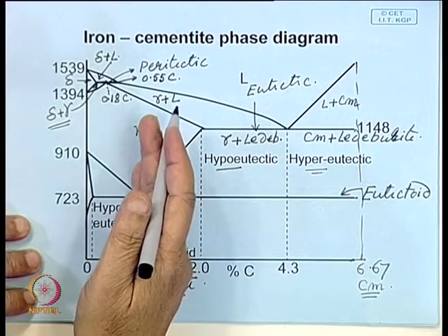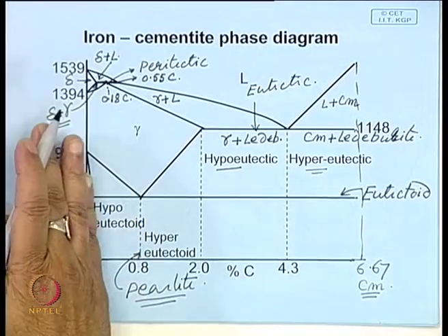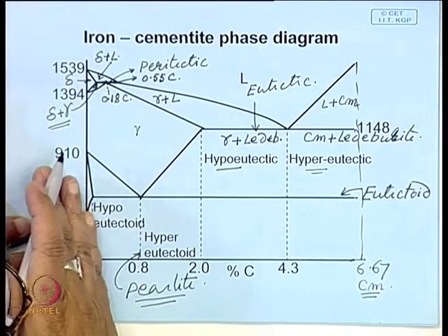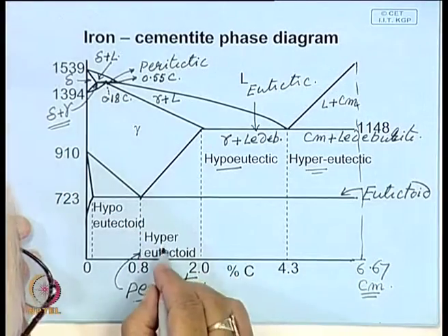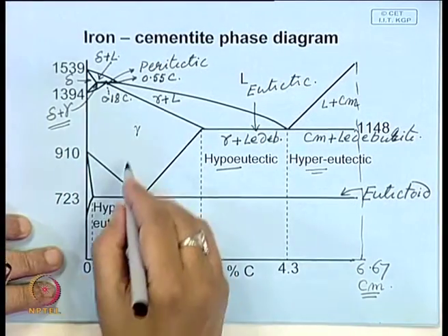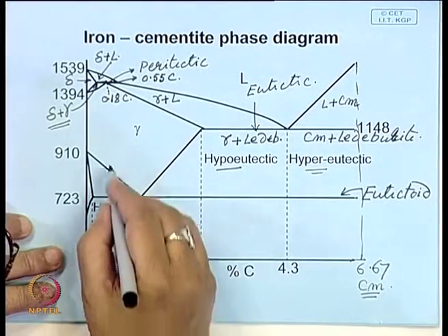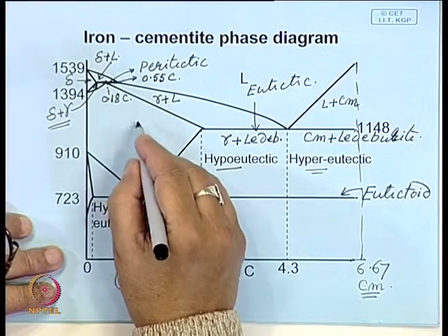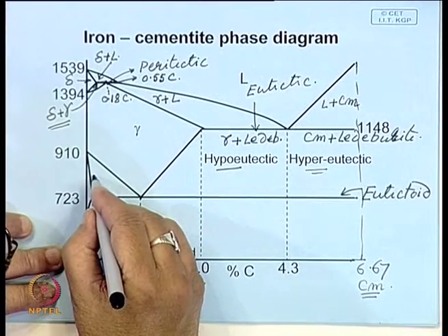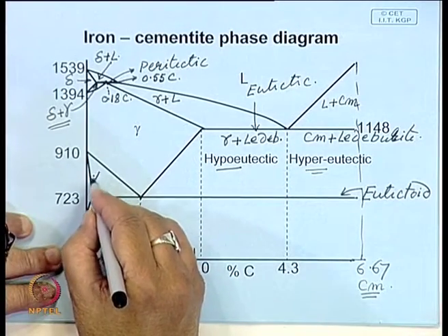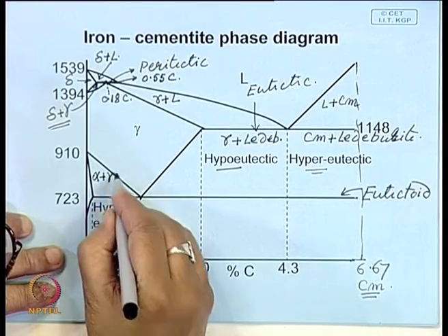And the alloy on the left hand side here until this point is called hypoeutectoid, and the alloy on the right hand side of this is called hypereutectoid, and in this case the structure will be, as you can reason out, gamma. Here it gives you pearlitic structure, here from gamma some amount of alpha will precipitate out.